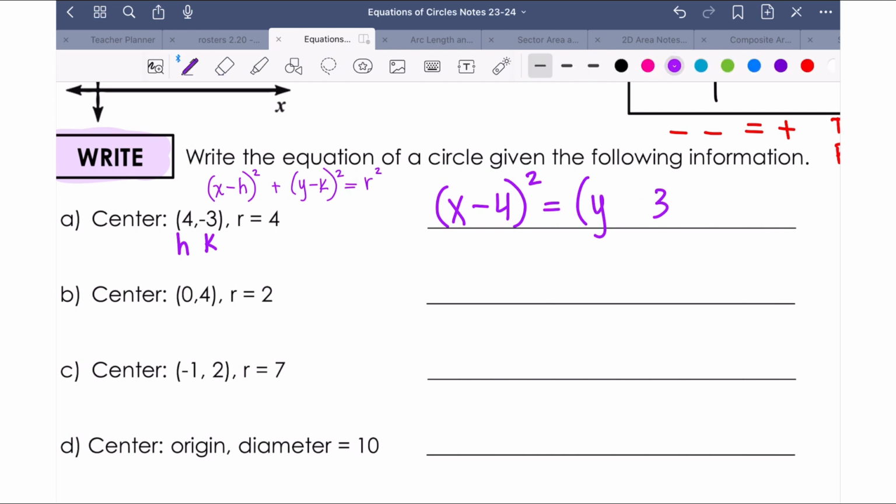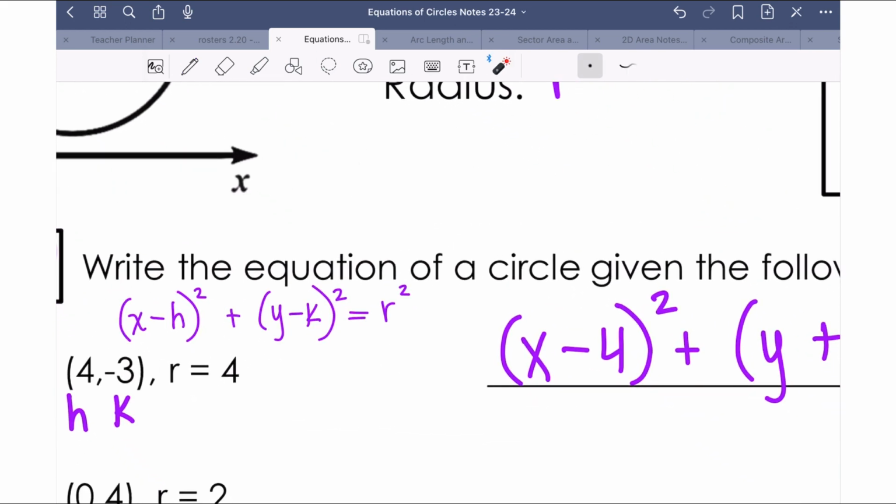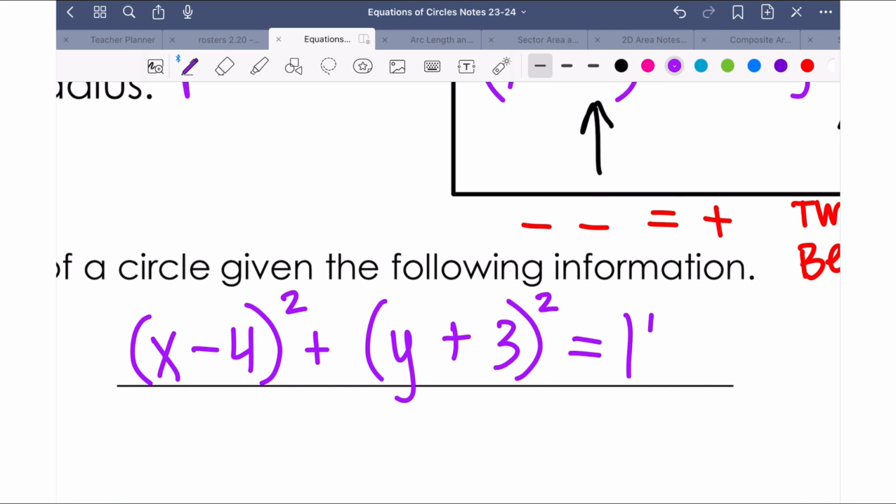So don't put two negatives, put a plus. And I also messed up here. Plus 3, squared equals my radius squared. So my radius is 4. What is 4 squared? 16. And that's it. Okay.